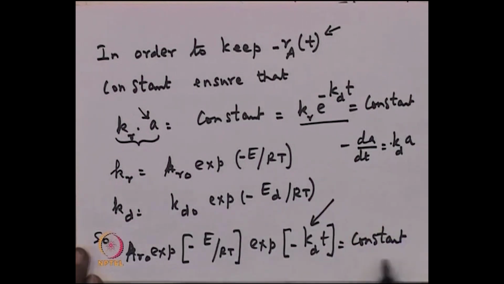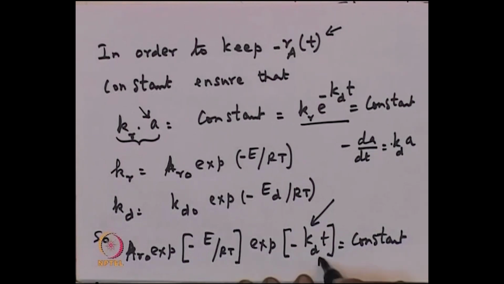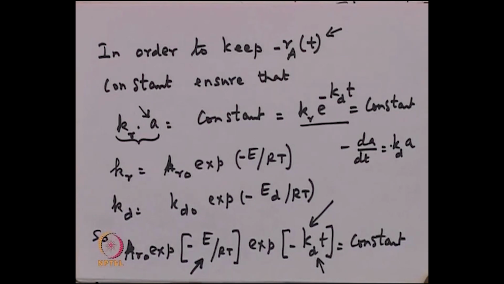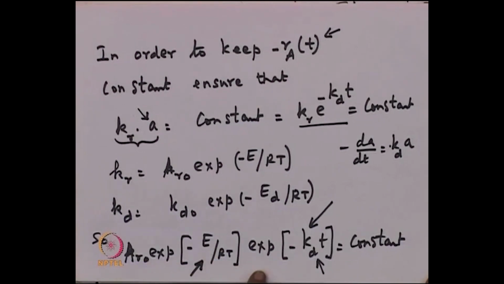So, if you look at the last line here, what we are saying is that while this term decreases with time because of Kd, this term increases with temperature because it is a very strong function of temperature. If this product has to stay constant, it only means that the effect of temperature on increasing this quantity more than makes up for the decrease in the other term.